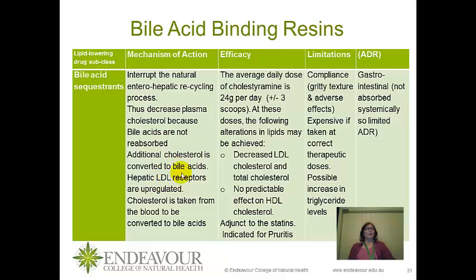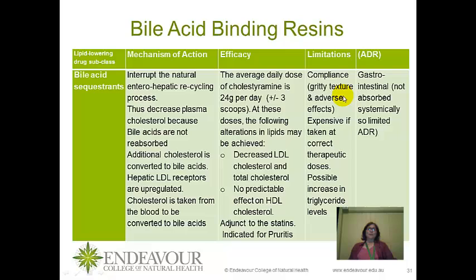You get upregulation of hepatic LDL receptors, once again helping to contribute to the clearance of cholesterol from the plasma. Further, more and more cholesterol will then be taken from the blood to replace those bile acids that were excreted, and so there is increased excretion of cholesterol overall.